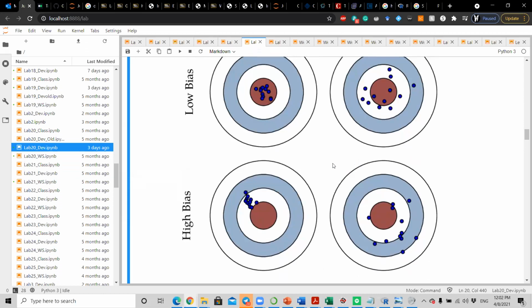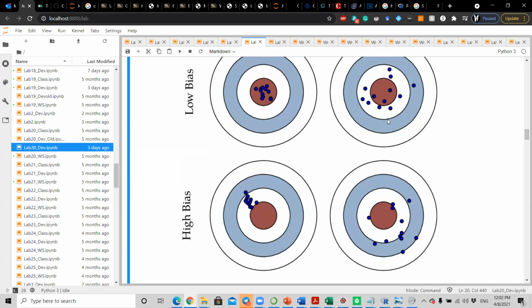So is bias basically the distance from the true value? I would say yes. The way I usually talk about it is, let's say in this case we have 10, 12 points.